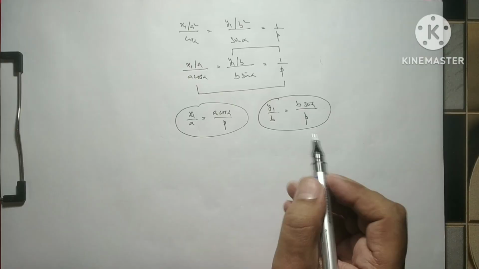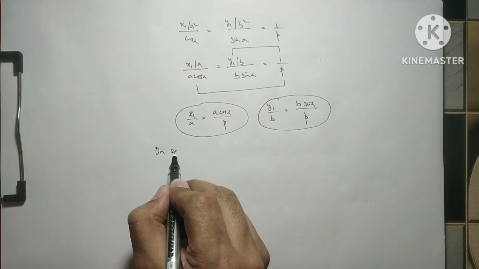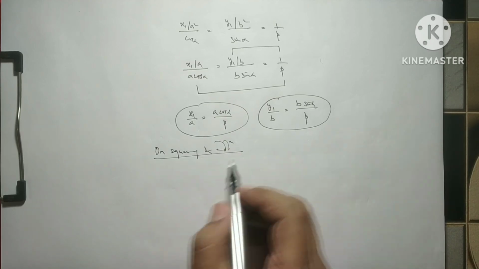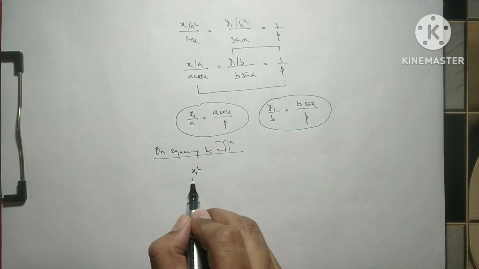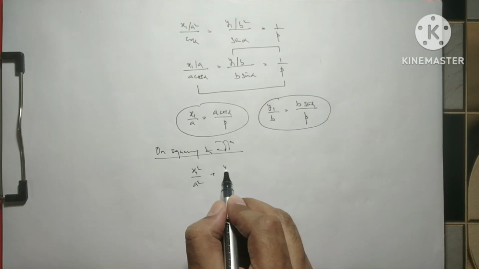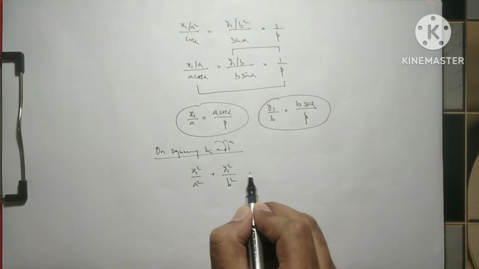So on squaring and adding these two relations, we get x1 square over a square plus y1 square over b square on the left-hand side.